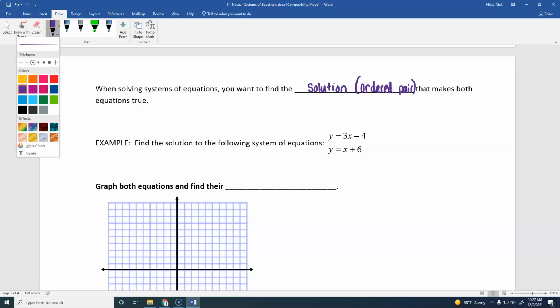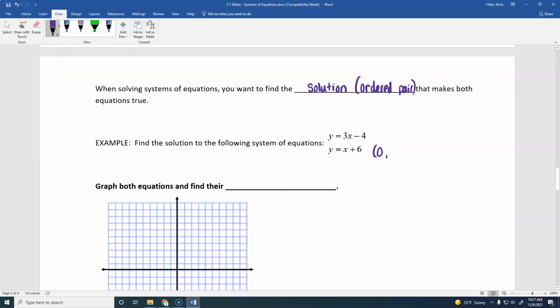So, if I look here, I want to think, like, what ordered pair could I plug in? So maybe that bottom one is y equals x plus 6. So let's say I plugged in 0, right? Then what y coordinate would I get if I plugged in 0? 6.